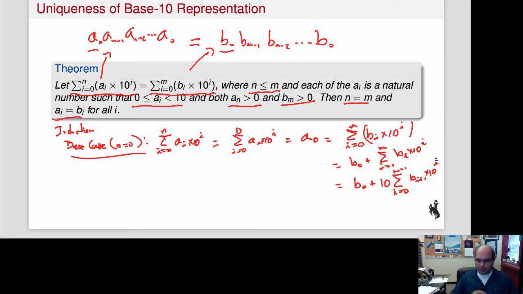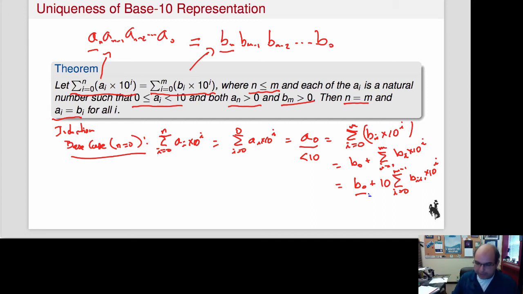So what do we have? Well, these two things are supposed to be equal to each other. Now, a_0 is less than 10 because it's a digit. So how can I make these two things equal? Well, the right-hand side has b_0, which is between 0 and 9 inclusive, and then 10 times some natural number. 10 times a natural number is 0 or 10 or 20 or 30 and so on.